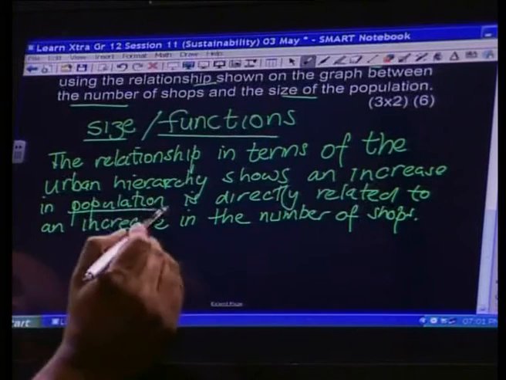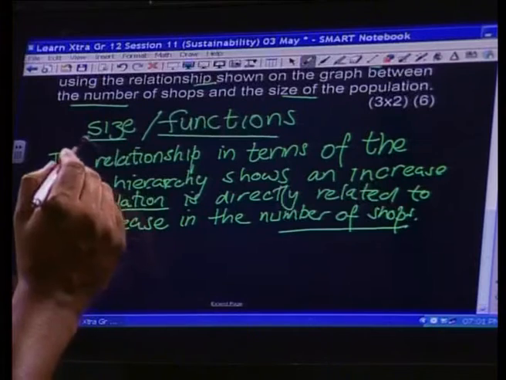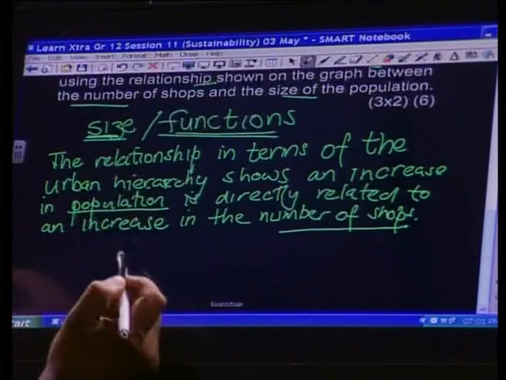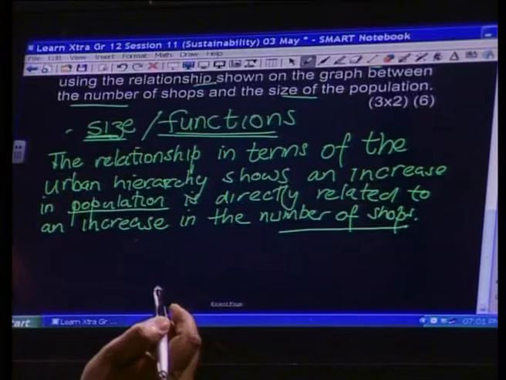Remember, we have to refer to the population as well as the number of shops, as well as referring to these two terms, which refers to the size and functions of the settlement.